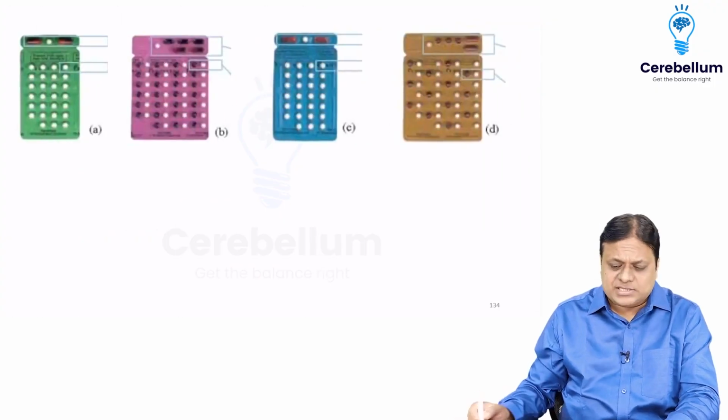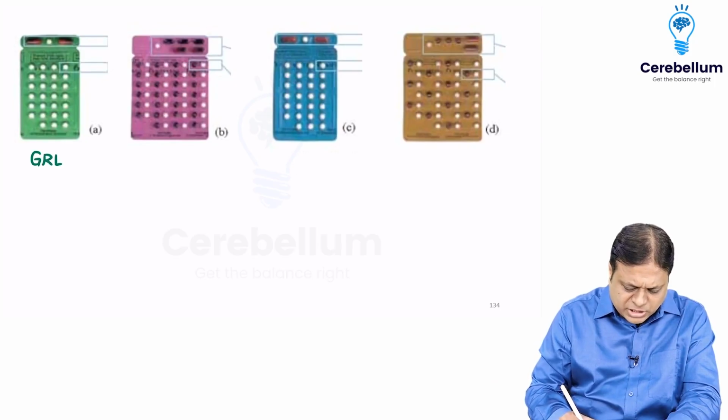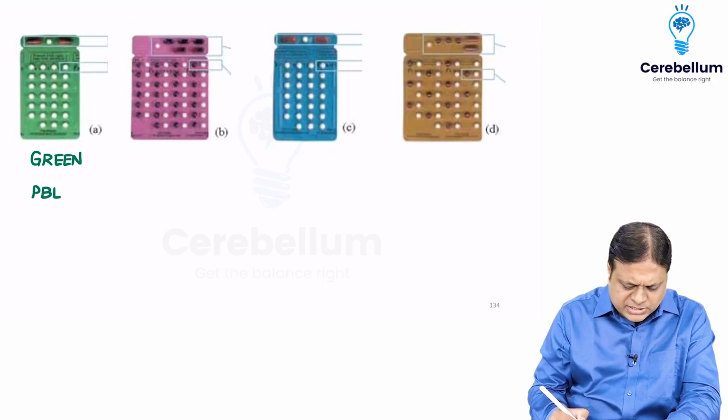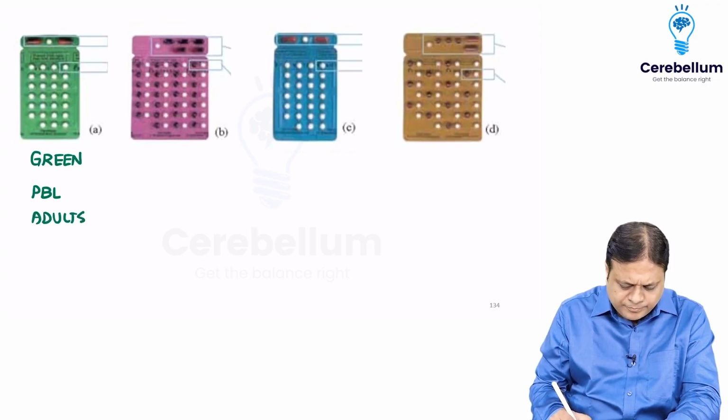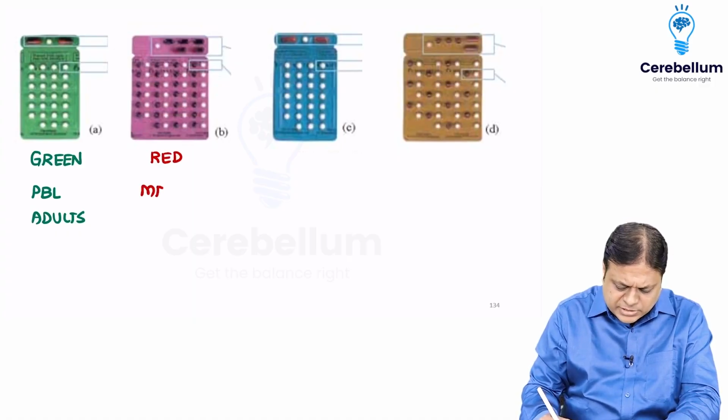So we have a green colored blister pack. This is for paucibacillary leprosy treatment of adults. Red colored, this is multibacillary leprosy treatment of adults.